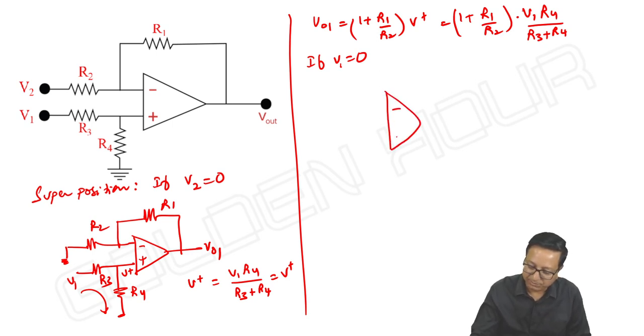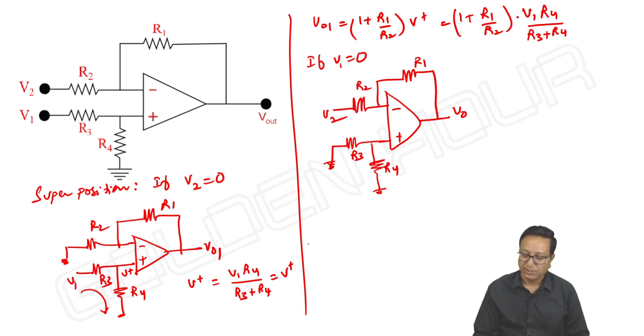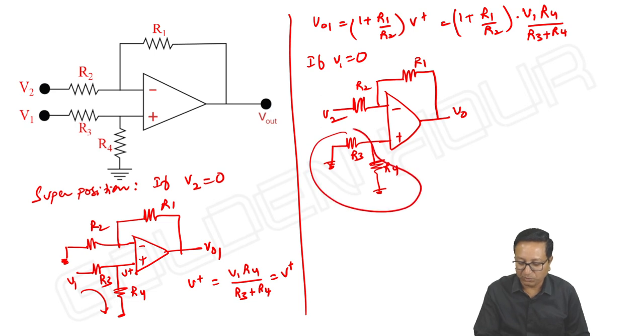Due to V2, R4 and R3 are parallel, through which no current is possible.